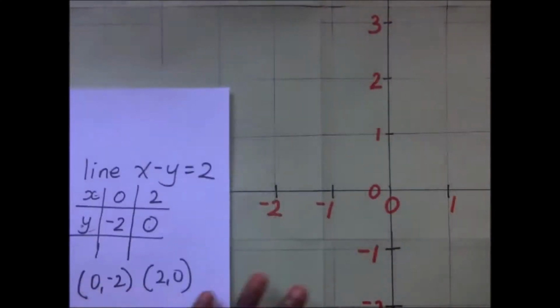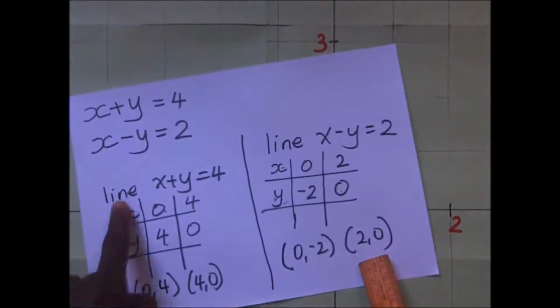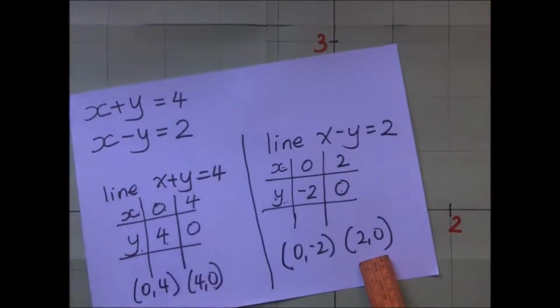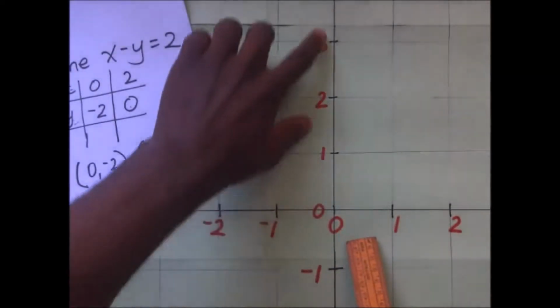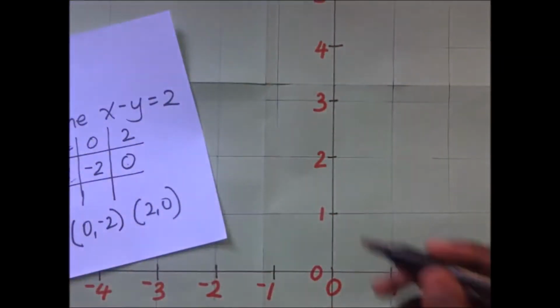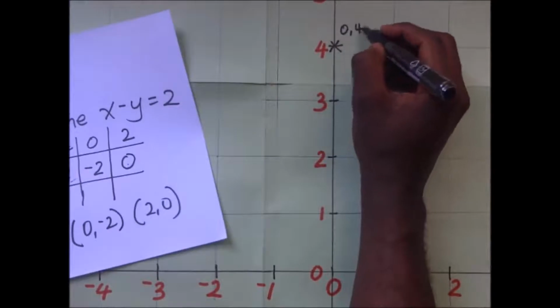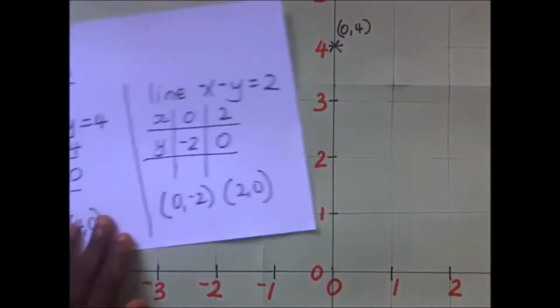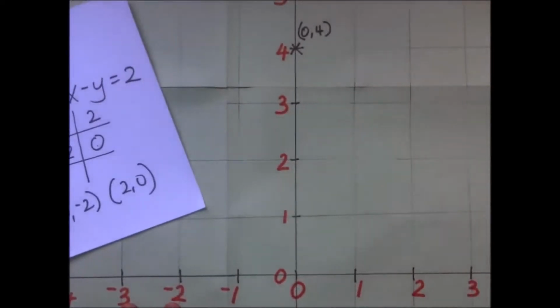So looking at our grid here, we have a grid. Line x plus y is equal to 4. We have 0, 4. That is our first. It's right there. This is 0, 4. Then we also have 4, 0. And then we have 4, 0 right here.